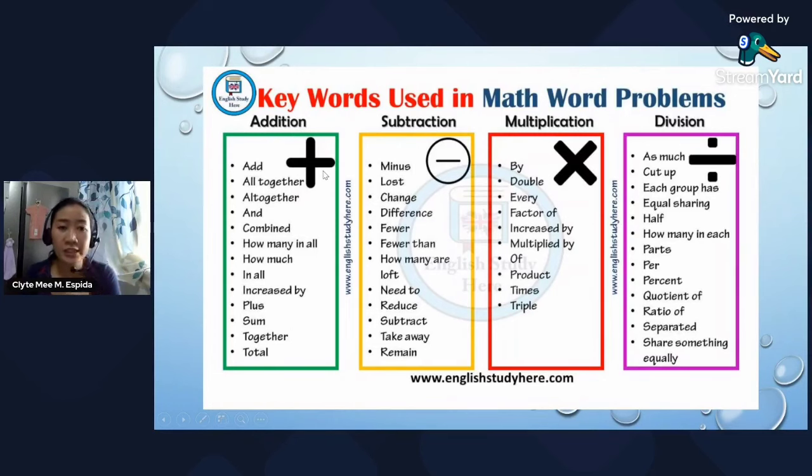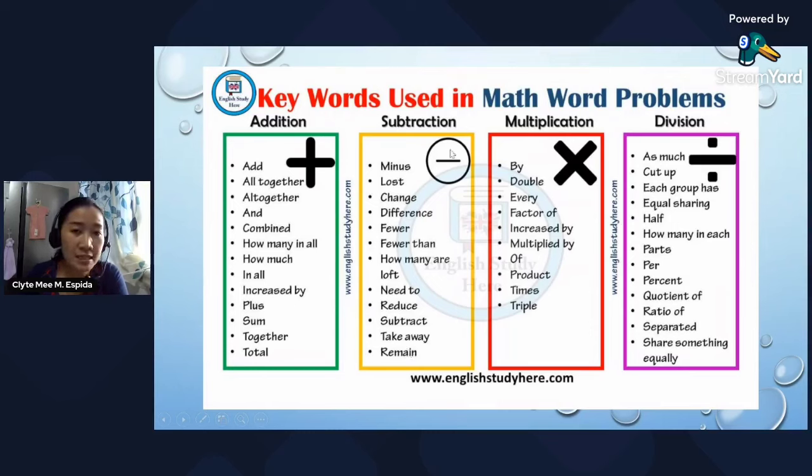So please remember these keywords because this is very important in problem solving. So for subtraction, you have the words minus, loss, change, difference, fewer, fewer than, how many are left, need to reduce, subtract, take away, remain, or lesser than, diminished by.